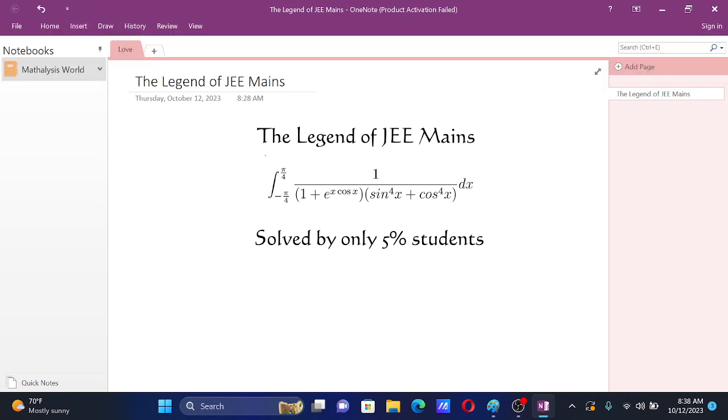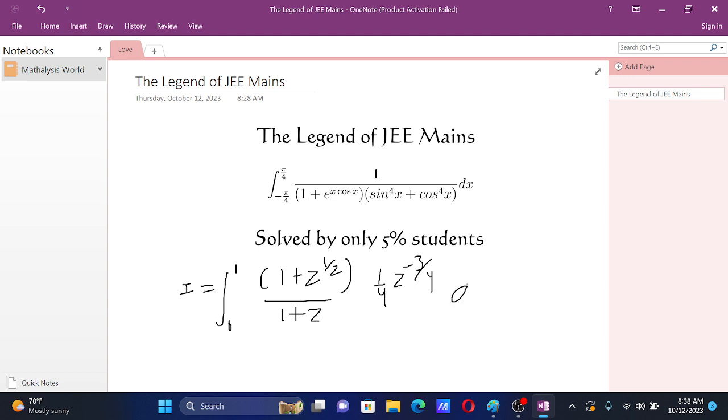So we had I equals integral from 0 to 1, and we had 1 plus z to the power 1 by 2, 1 by 4 z to the power minus 3 by 4 by 1 plus z dz.